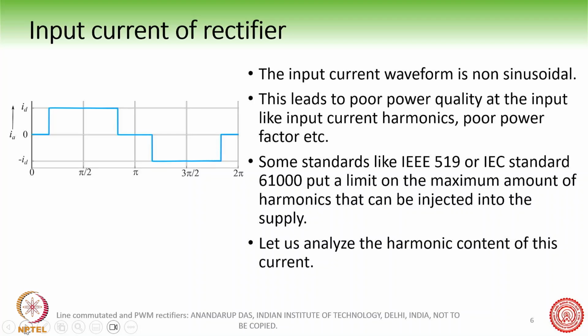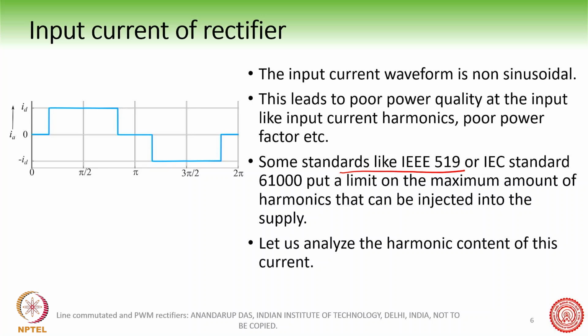Let us take the case of this quasi square wave current, which is most common. We will analyze this input current of the rectifier, and there are some standards like the IEEE 519 standard, which puts a limit on the maximum amount of harmonics that can be injected into the supply.